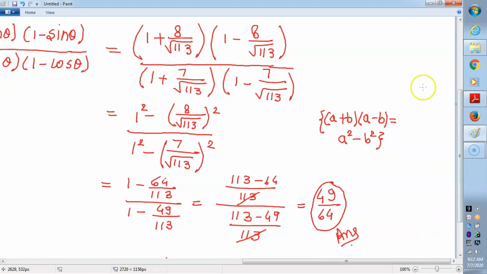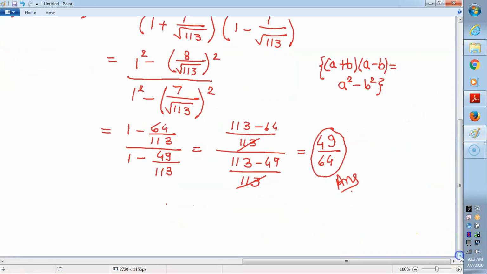Got it? Now for second. Second question is calculate cot square theta. Okay. We can write it as cot theta square like this. Okay, now put the value of cot theta given in the question. It is 7/8, no?